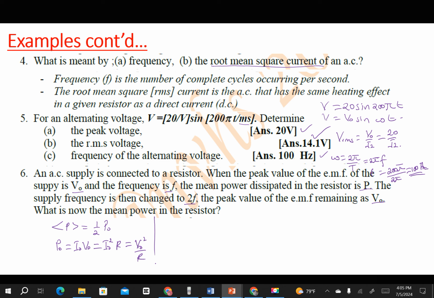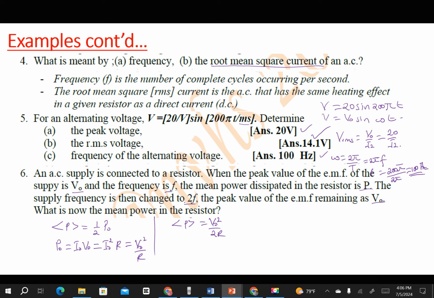The average is half of the peak. So the average value of the power, because they have talked about V naught and the resistance, is simply going to be V naught squared divided by 2R. And this is not depending on the frequency at all.